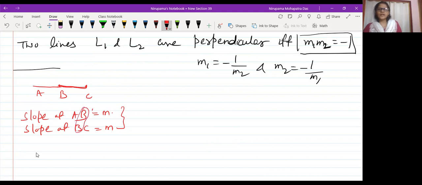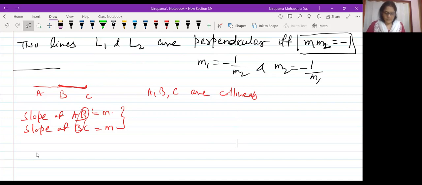So in that case AB and BC will be coincident, so A, B, C are collinear. So when you have to prove 3 points are collinear, you can use the slope concept here also. Okay, so maybe one or two questions just before I wind up the class.